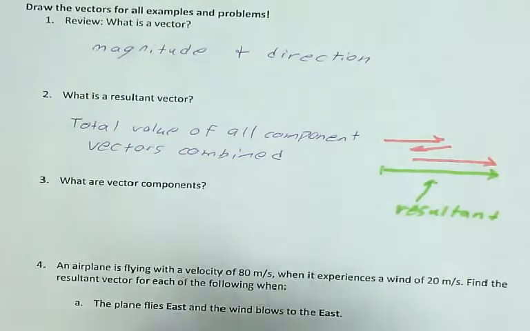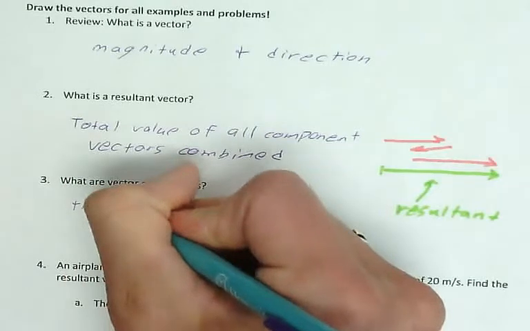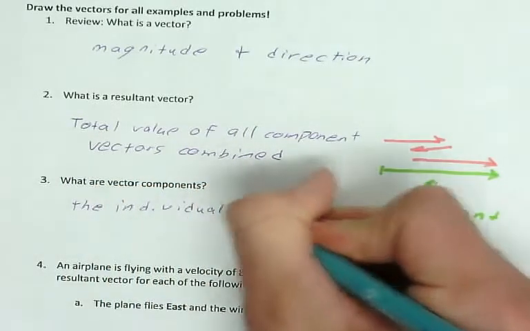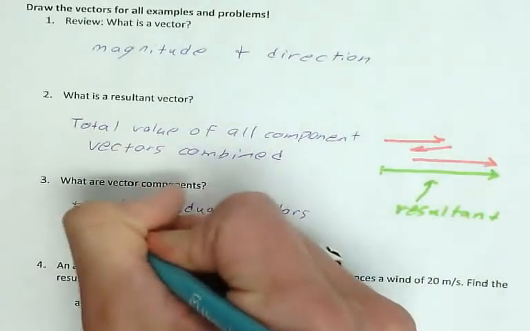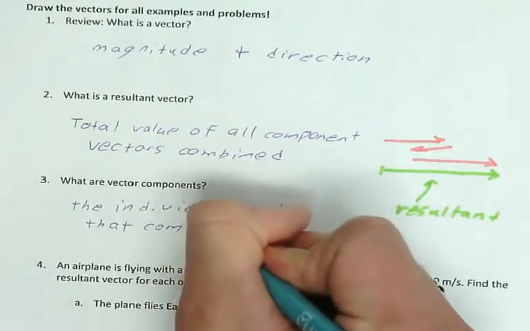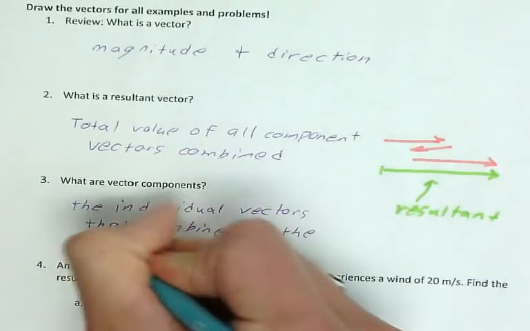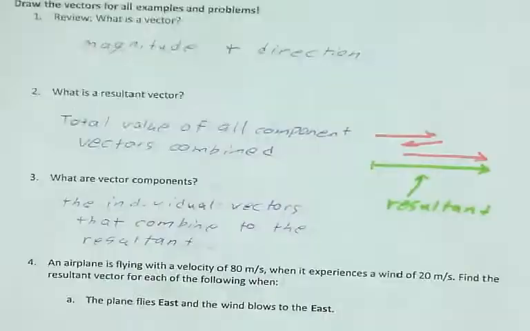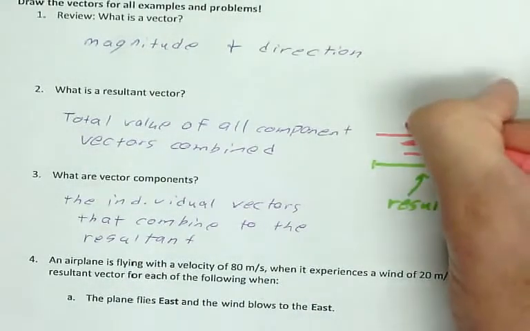So components are the individual vectors that combine to the resultant. So these here are the component vectors.